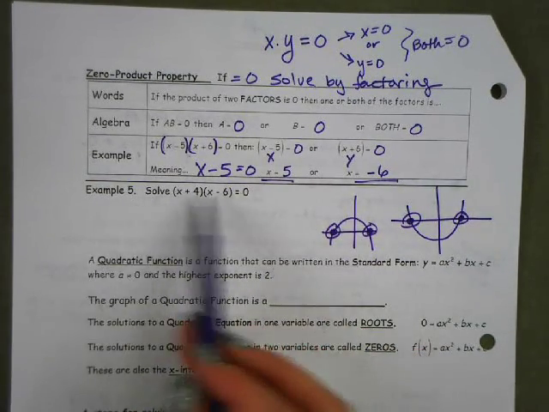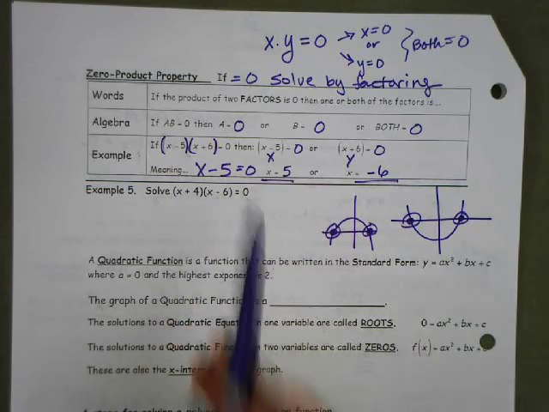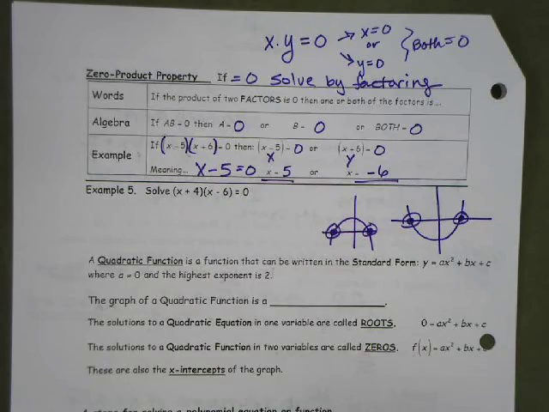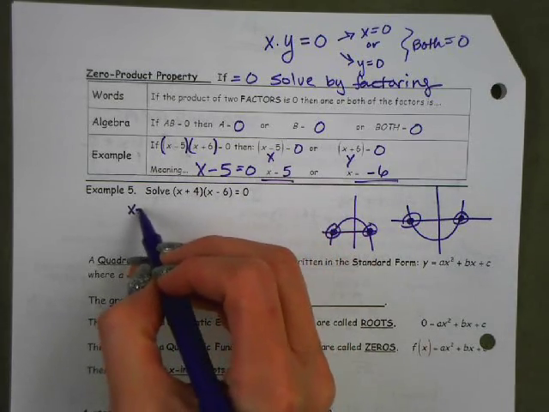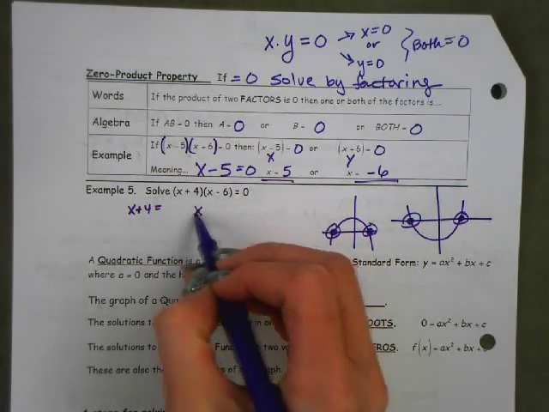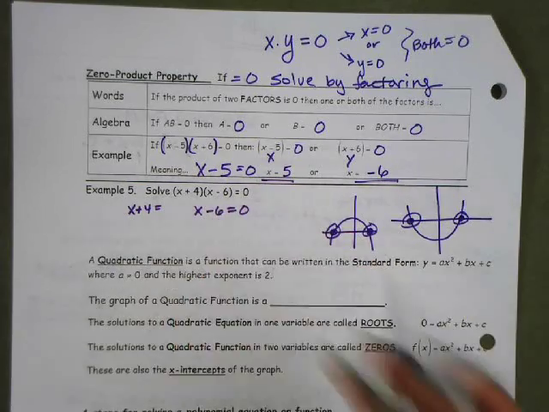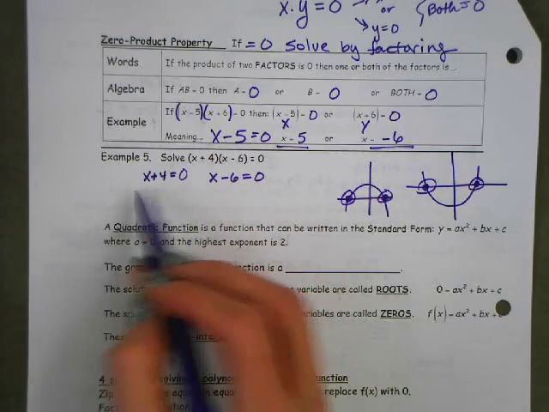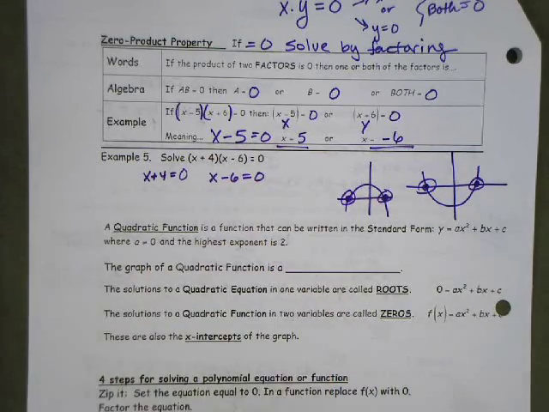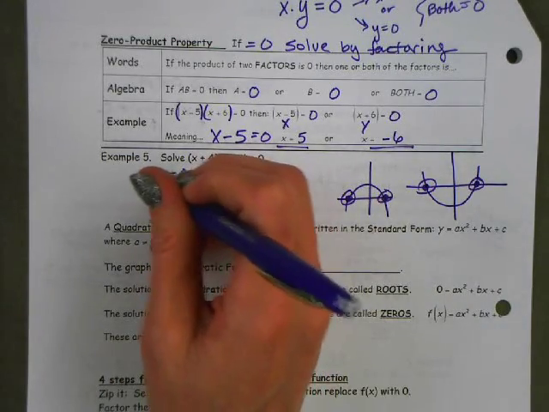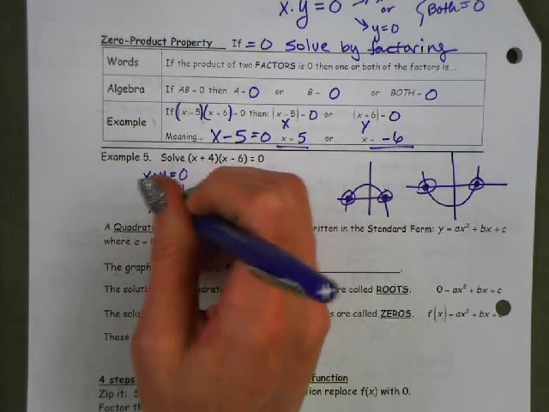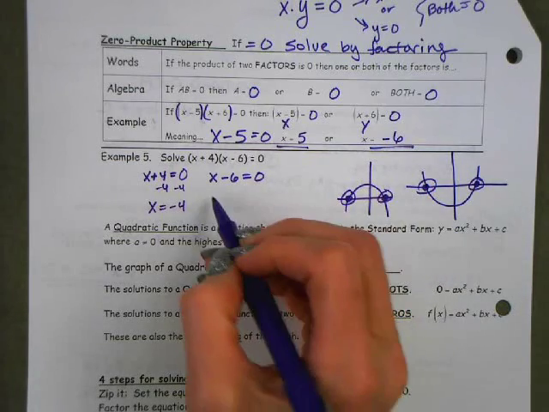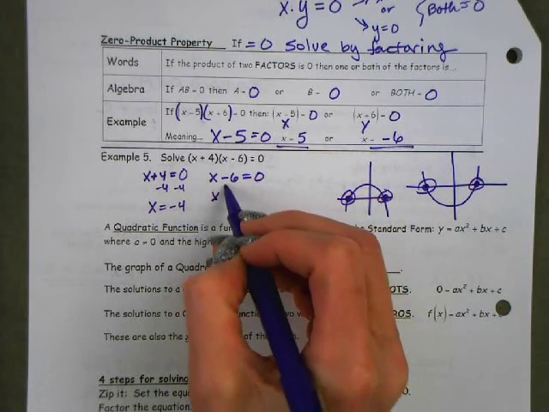So let's try an example. We have x plus 4 and x minus 6 equals 0. So if I just take these, I know one of these could possibly equal 0, so I'll separate them both. So I have x plus 4 equals 0, and I have x minus 6 equals 0. Okay? So what would x equal in this case? Negative 4, so I subtract the 4 from both sides. I get x equals negative 4. And then what would x equal in this case? 6. So add 6 to both sides.